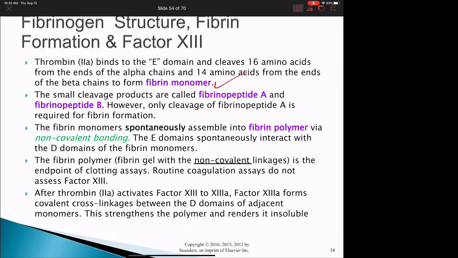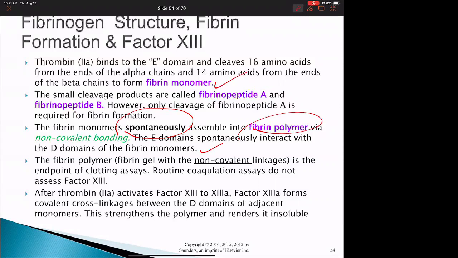The small cleavage products are called fibrinopeptide A and fibrinopeptide B. However, only the cleavage of fibrinopeptide A is required for fibrin formation. The fibrin monomer will then spontaneously assemble into a fibrin polymer. This is done via non-covalent bonding. The E domains spontaneously interact with the D domains, and then they form the fibrin monomers.